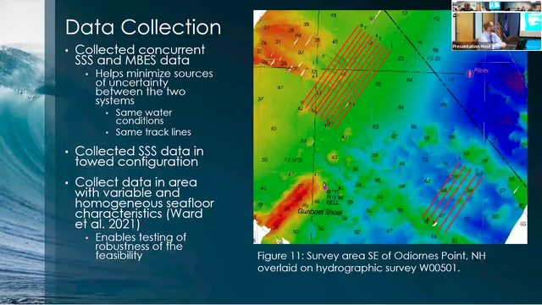The decision for both of these areas was that the northwest area had heterogeneous bottom characteristics, and the southeast was more homogeneous. So I wanted to see if what I was proposing would work in both types of seabed areas.